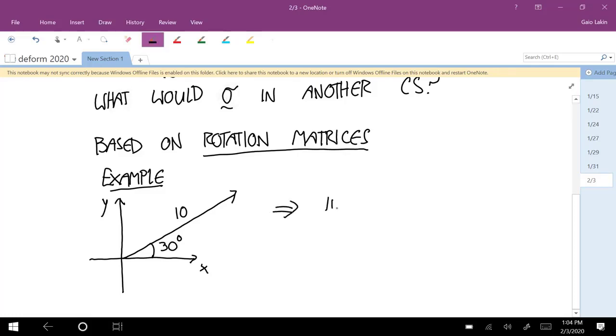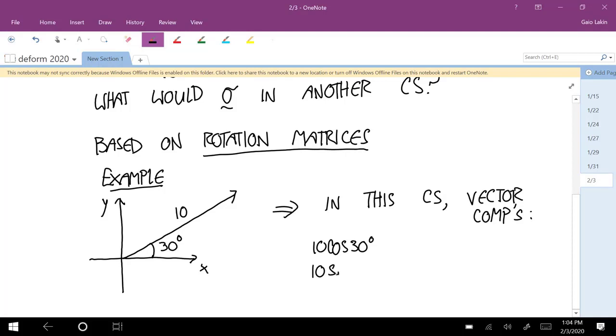In this coordinate system, the components of that vector are 10 times cosine of 30, 10 times sine of 30, and so that's 8.665.